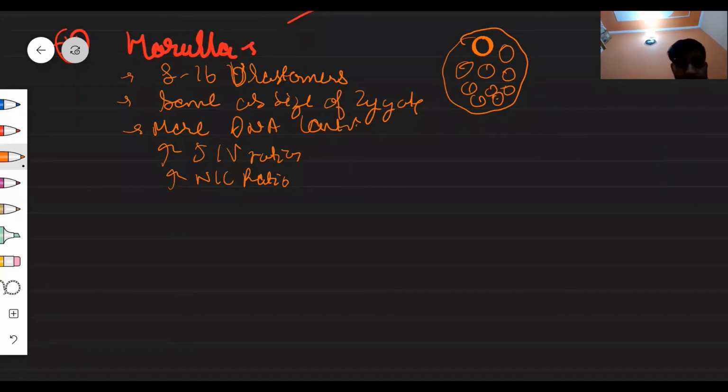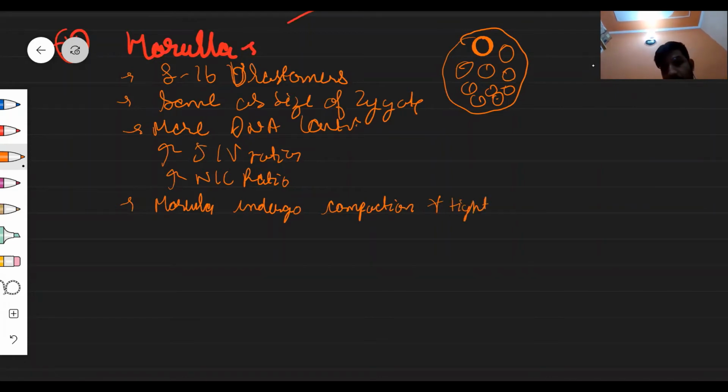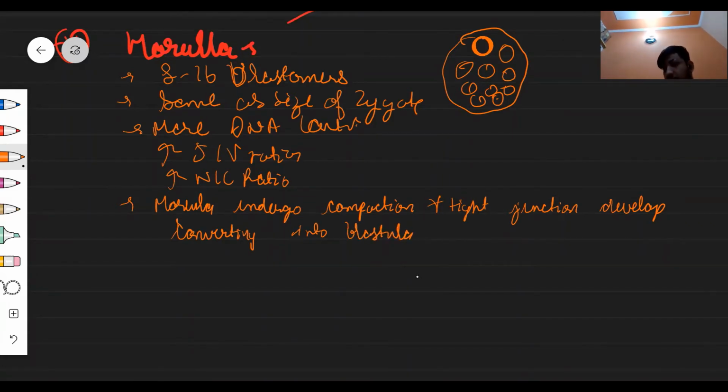Morula undergoes compaction and tight junctions develop, converting it into the blastula, the blastocyst.